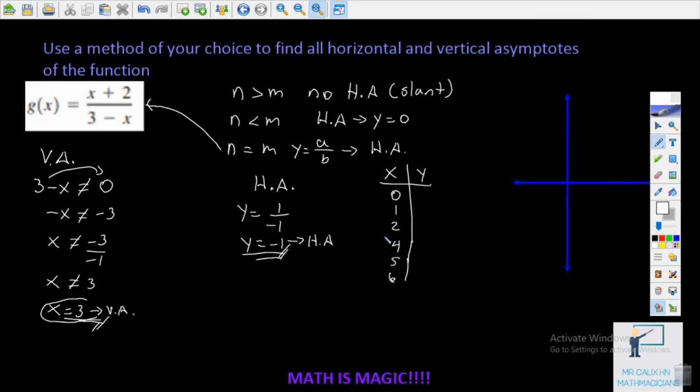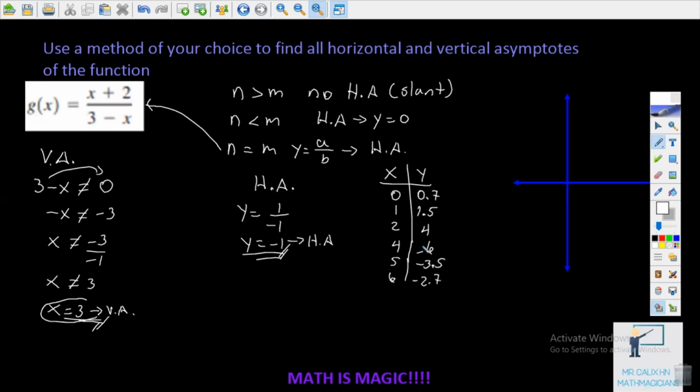Indicating that 3 in the middle is the asymptote. If we substitute, 0 gives 0.7 rounded. 1 gives 1.5. 2 gives 4. 4 gives negative 6. 5 gives negative 3.5, and 6 gives negative 2.7.